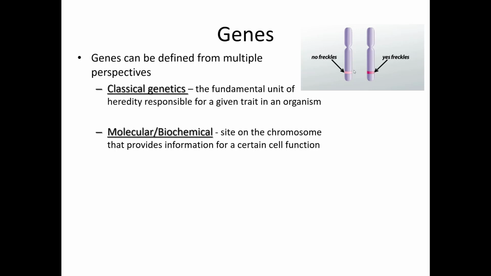So to get more specific, scientists have realized that there's a more modern take on that, what I call a molecular biochemical view of a gene. And what this tells us is that genes actually code for information for a cell function. And it is not the case that all cell functions give visible, observable characteristics.